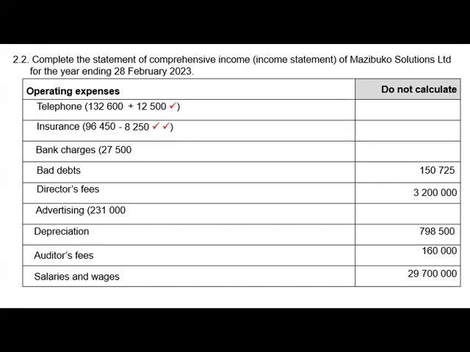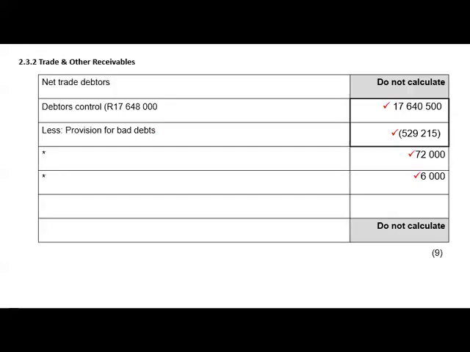It's a prepaid expense. Where do we record prepaid expense? Trade and other receivables. Prepaid expense will be recorded in trade and other receivables, guys, okay?